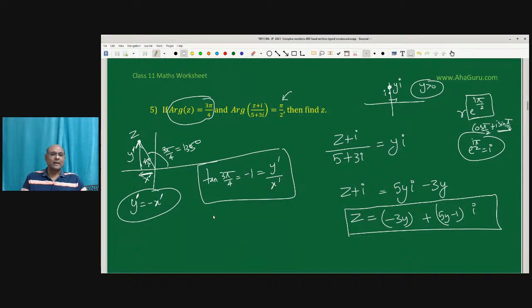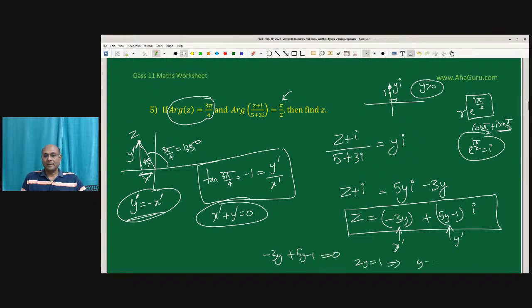It tells you that x dash plus y dash is 0, because y dash and x dash are opposites. If I add them, it must be 0. So minus 3y plus 5y minus 1 must be 0. So 2y must be 1. y must be half, 1 by 2.